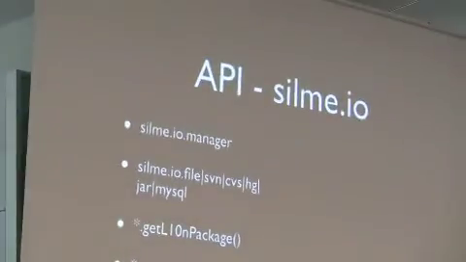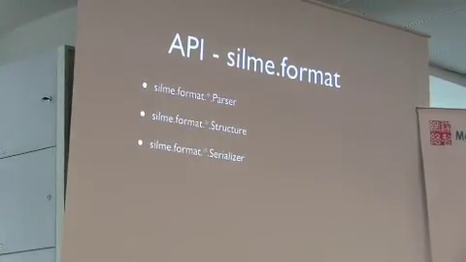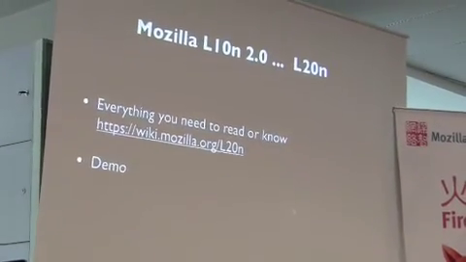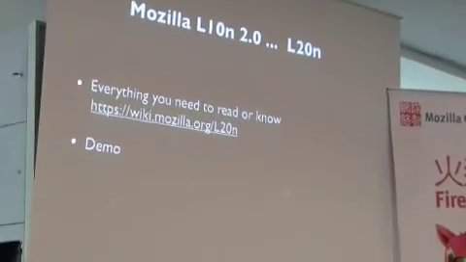So this is how we're going to make localization more powerful and more helpful so that more people can participate. I mentioned that we can have different inputs, source format or source independent, format independent. And now my last thing, I want to show you what we call L20N. Basically the second generation of localization in Mozilla.